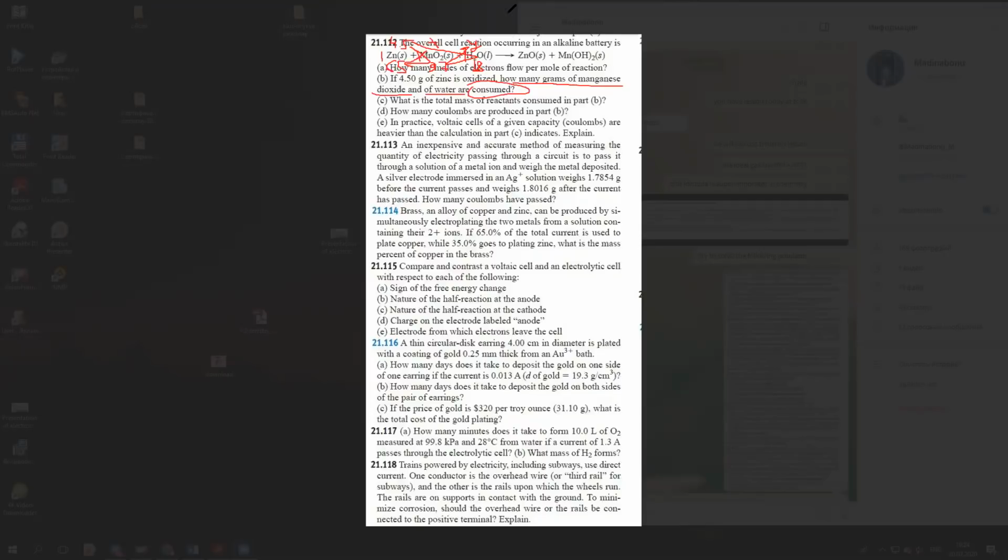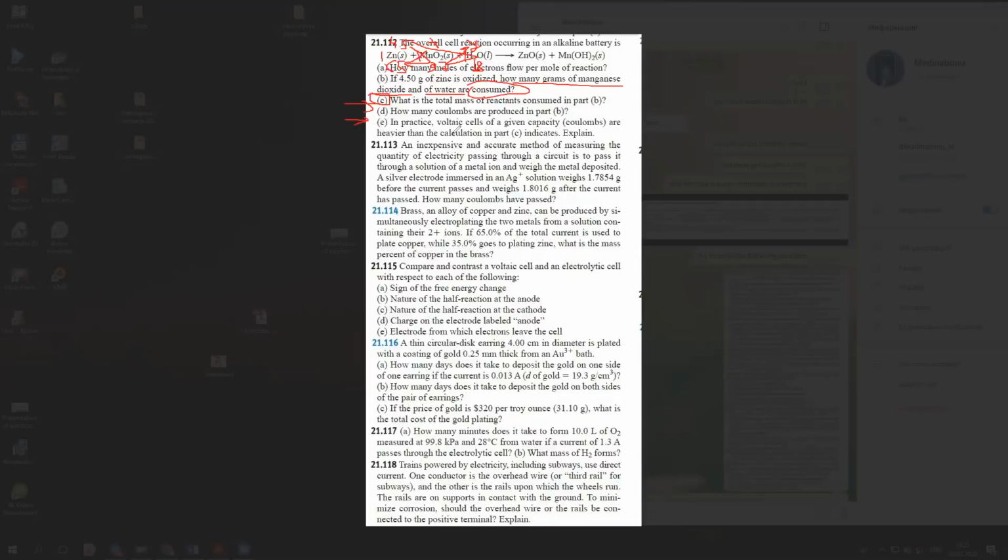Okay, so calculate the X, Y, and then you can solve the C. Then I will explain how to solve the D and the E. Do I have to just add the masses?